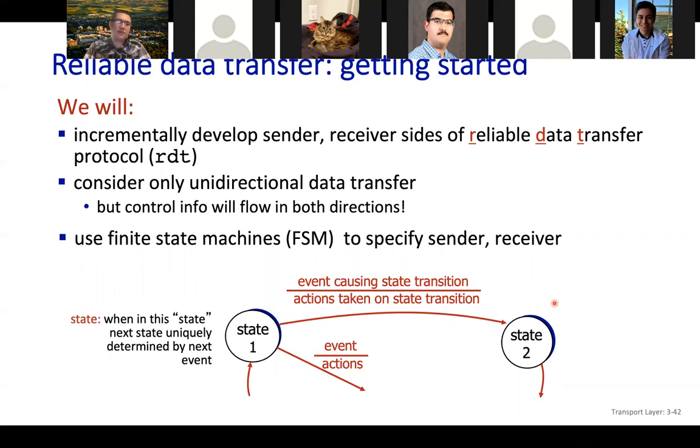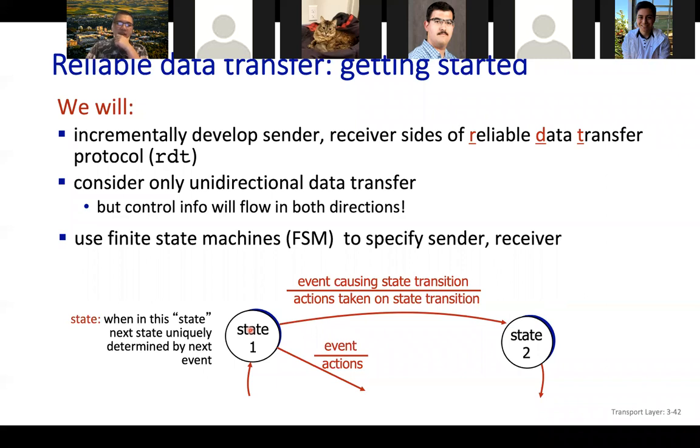So we can plot our reliable data transfer protocols using the finite state machine, FSM. This is an important technique. If you don't quite understand here, I think it's fine. We will use some examples to show how we can leverage the FSM to develop our reliable data transfer protocol.